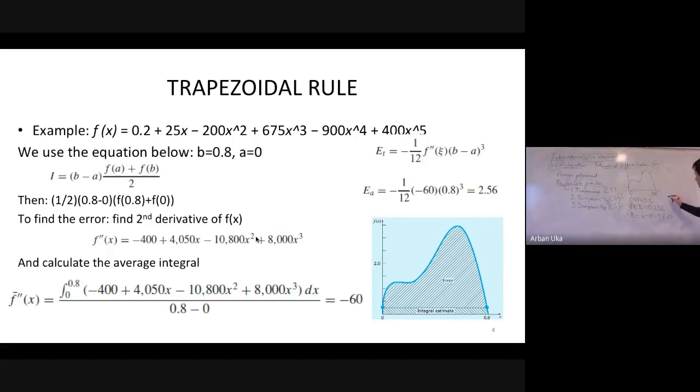So the complete expression is going to be 0.2 plus 0.232 times 0.8 divided by 2, and the answer is going to be 0.1728.